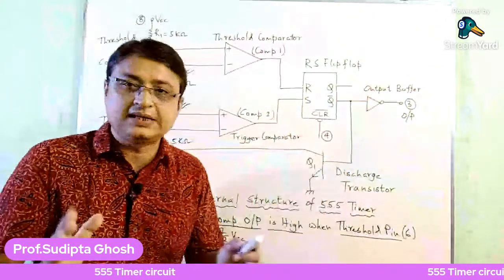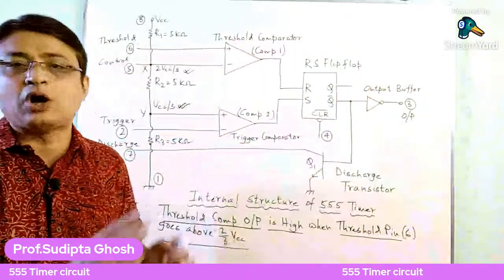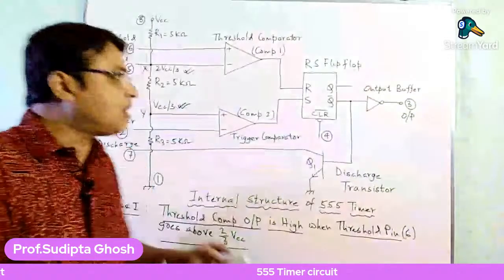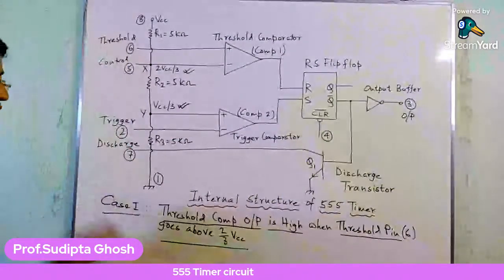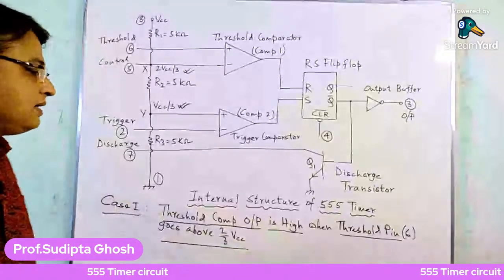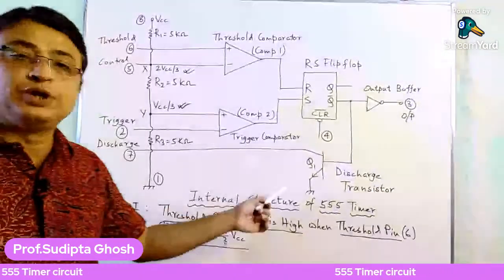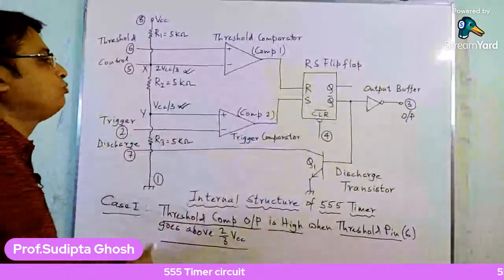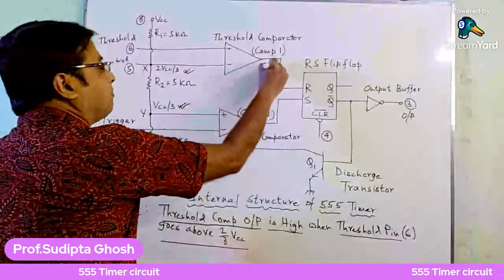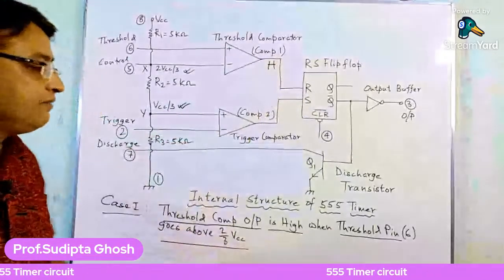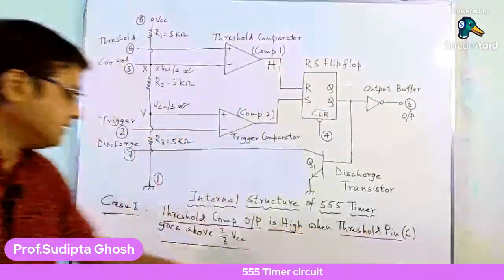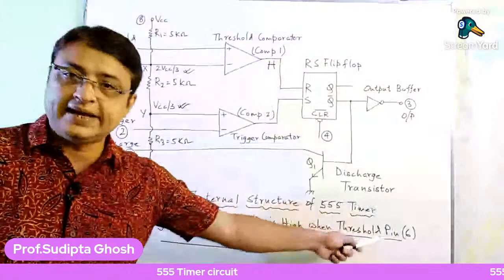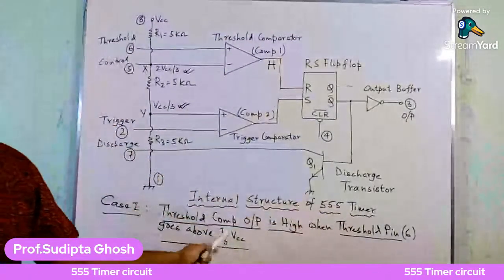So that is the basic of any comparator circuit. Now here also, what I told you is that the threshold comparator output is high. This comparator output goes high if the threshold pin, that is pin number 6, goes above 2/3 VCC.